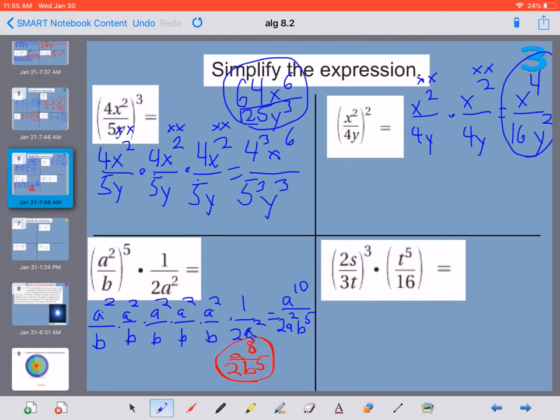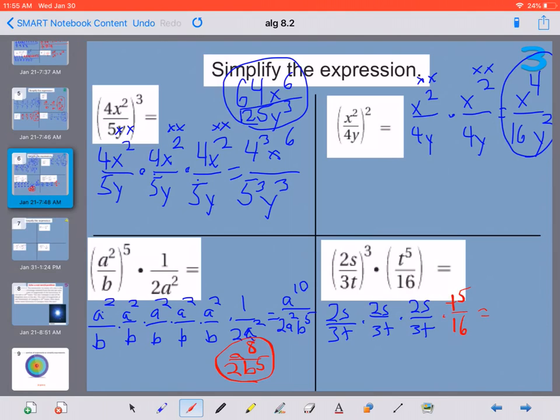Next we have 3 of these, so 2s over 3t, 2s over 3t, and 2s over 3t. Now we also have t to the 5th over 16.